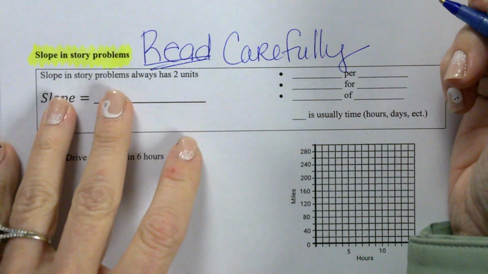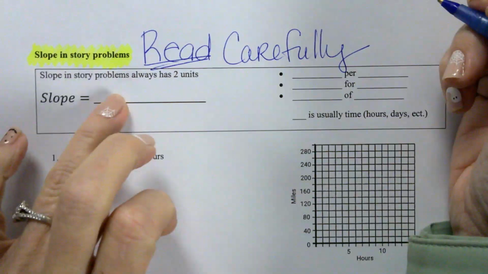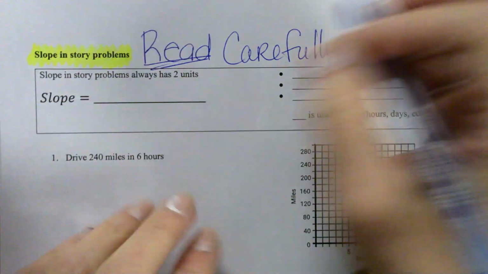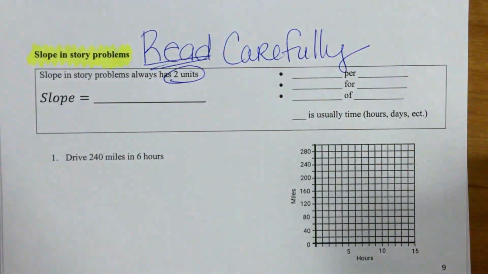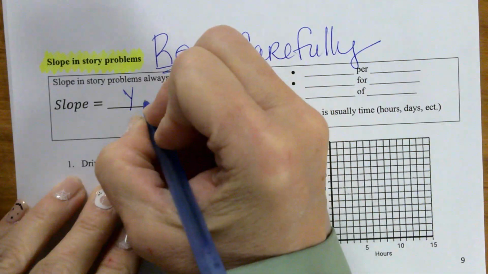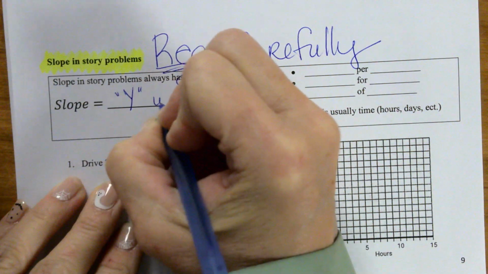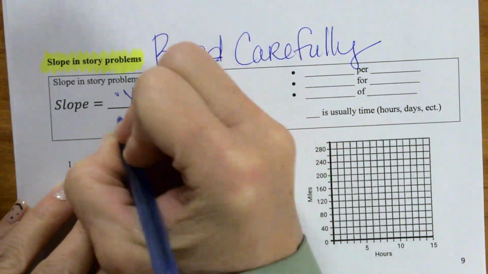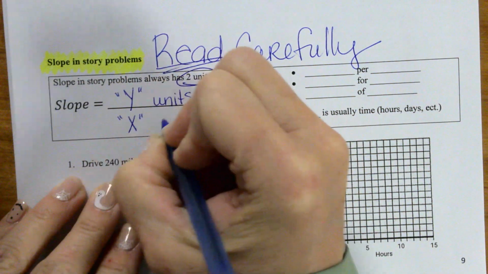Okay, a slope in story problems always has 2 units, like miles per gallon, days per month, dollars per ounce, right? Your slope is going to be your Y units over your X units.